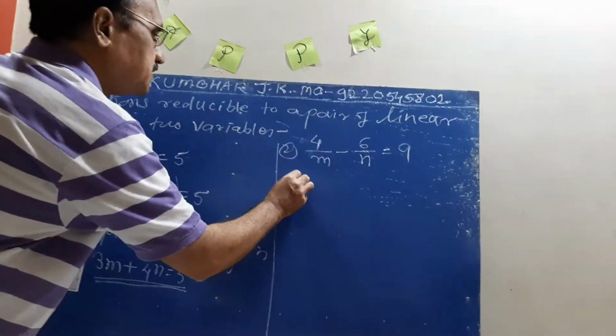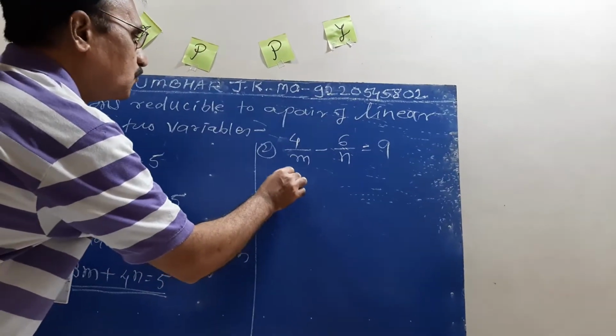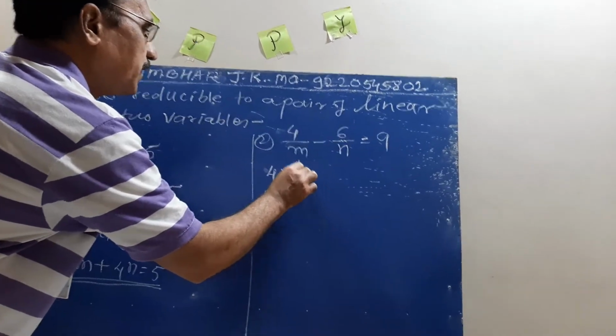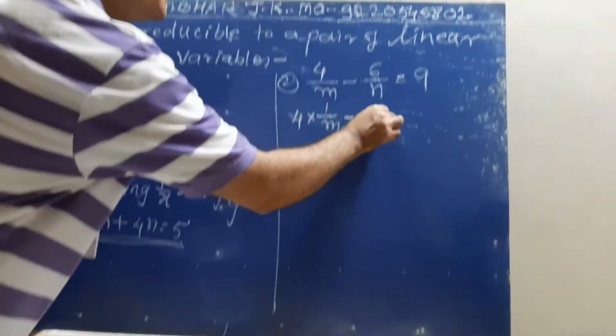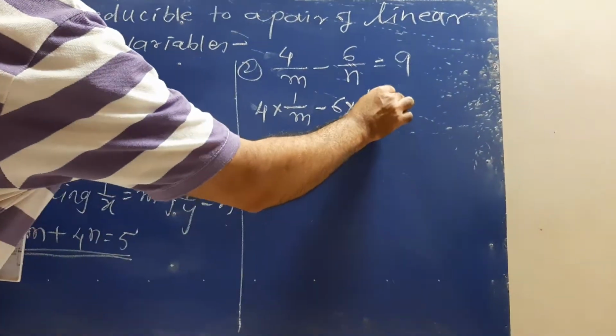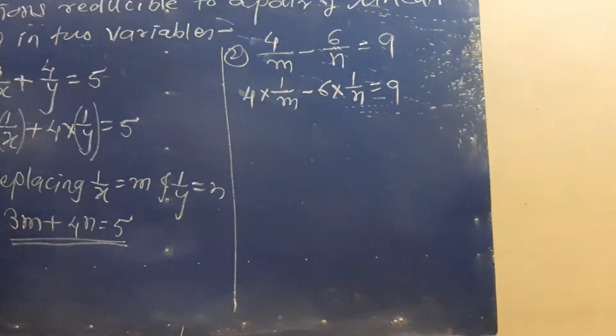4 upon m minus 6 upon n is equal to 9. Here we can write this equation as 4 into 1 upon m minus 6 into 1 upon n is equal to 9.